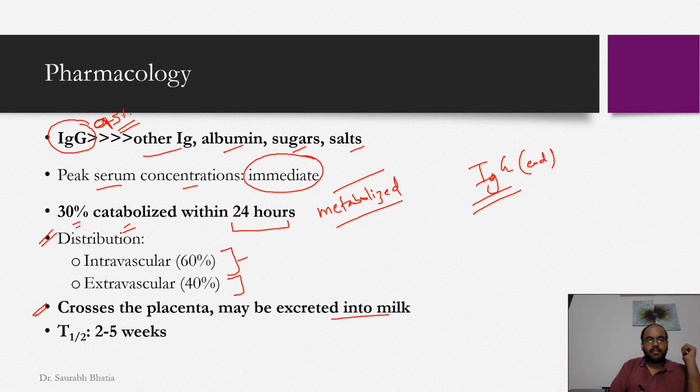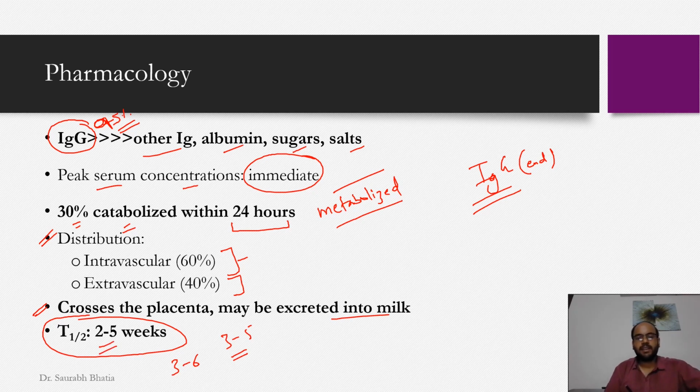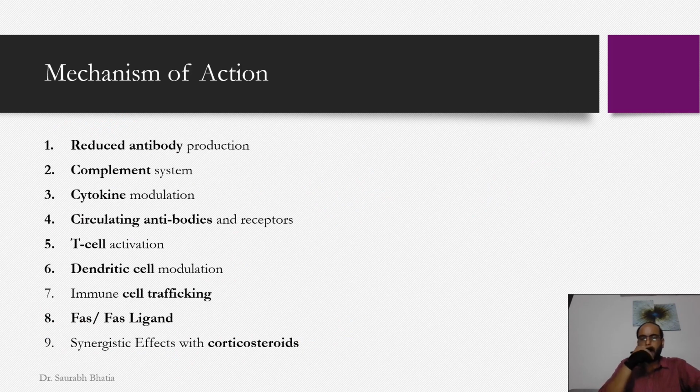The half-life is 2 to 5 weeks. In various places it is written 3 to 6 weeks, or 3 to 5 weeks, but I am quoting Wolverton. So 2 to 5 weeks is the half-life, and that is why you have a cycle of once a month. So you have a monthly cycle of IVIg.